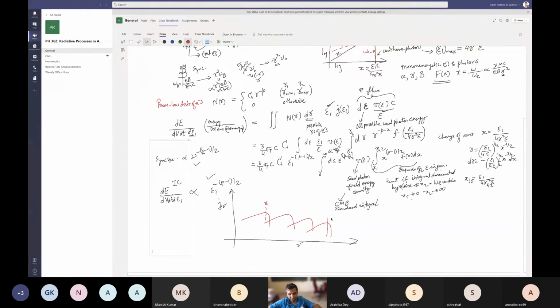This is due to gamma 2, the maximum gamma. And you have these monoenergetic electrons which give you this characteristic synchrotron emission. And this is like a continuum, you have many of these, you have intermediate ones as well. This is almost like filled in. So when you add all this up together, what you get is something like this spectrum, which is nu to the minus p minus 1 by 2.